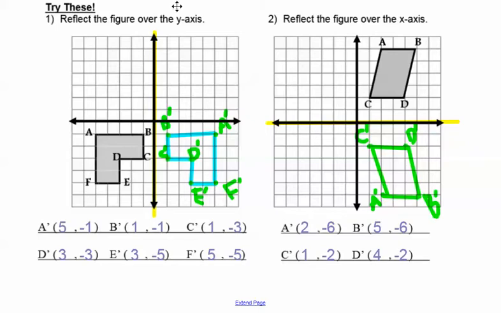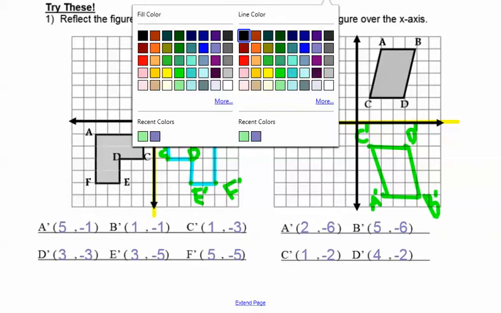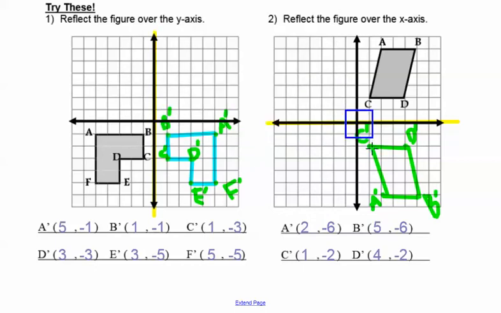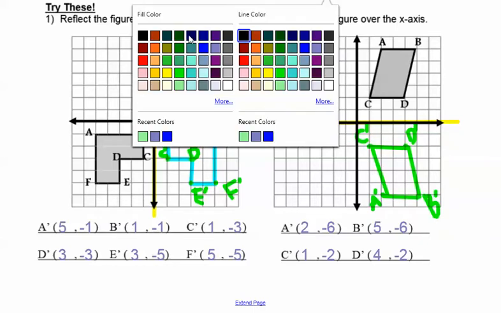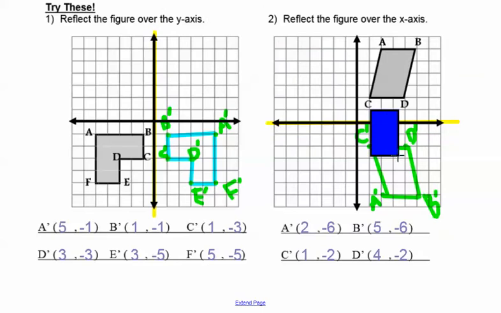Okay, perfect. Real quick, let's say that we were trying to transform something that looked like this. Let's say that it looked something like this. And we were trying to flip it over the x-axis.